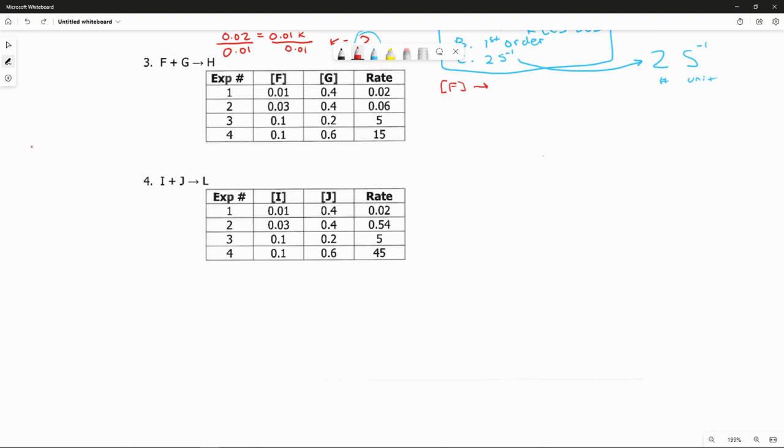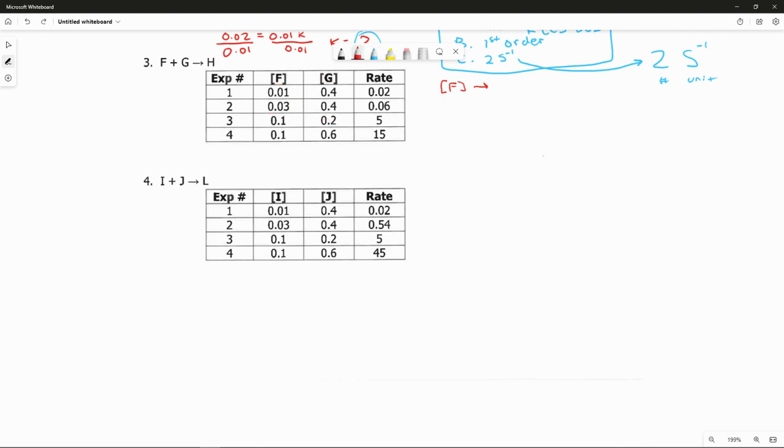So let's start with F. We know that this changes here, and this remains constant. So we want to use these values. If we were to use 3 and 4, we would recognize that G does not stay constant while F stays constant. That would be what we want to use for the G part.